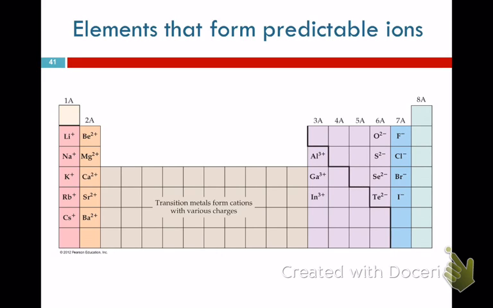These we call the fixed charge elements. This gets to what you asked about transition metals. Which elements can we predict the charges of? For sure, these are the ones we can predict. We can usually predict that these are +1, these are +2, these are +3, and these are -1 and -2.